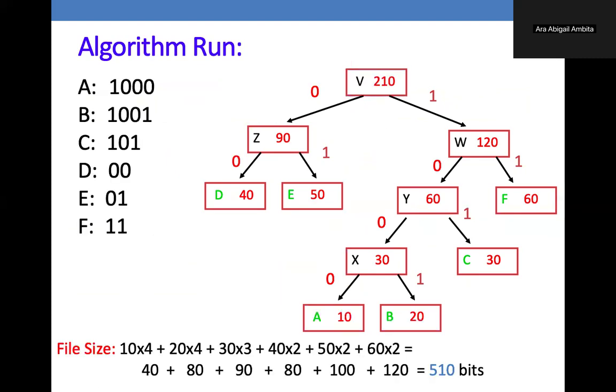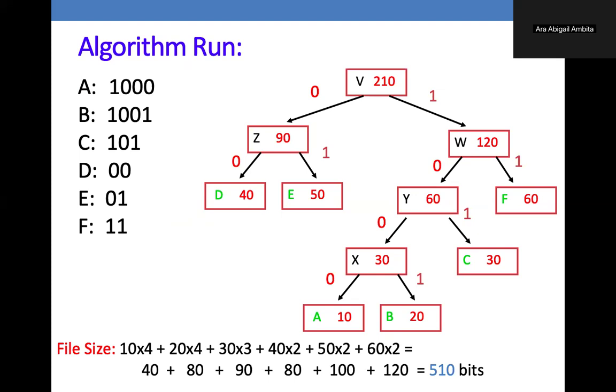In this case, the A here is here. Okay, and how do we trace that? We start from the root, so that is 1, and then go to the left 0, and then 0, and then 0. So that would be 1, 0, 0, 0 for A, and then for B that would be 1, 0, 0, and then 1.